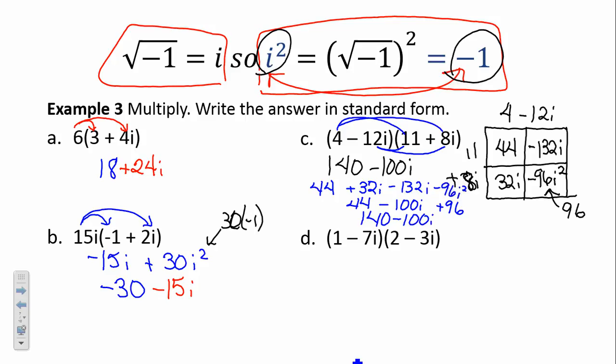A few moments to decide if you want to make a FOIL box or if you're just going to FOIL it out horizontally. All right, which way do you want to see it? FOIL box or FOIL line?